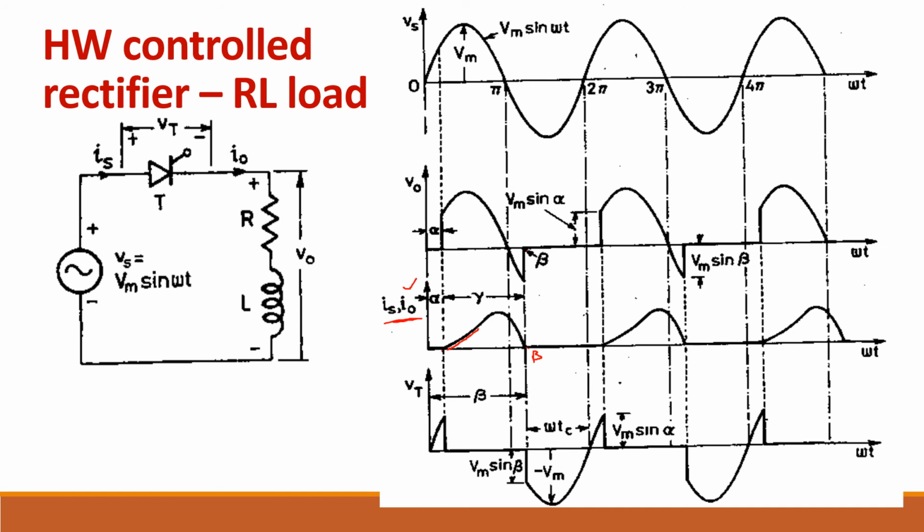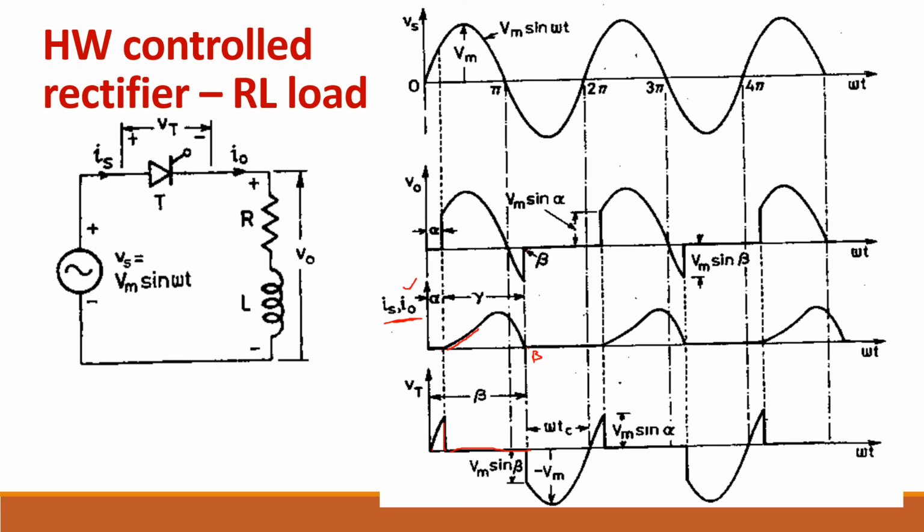Then we will see the voltage across the thyristor. In this period the thyristor is not conducting, so it is equal to the supply voltage. After that it is 0 till beta. After that it will follow the input waveform.